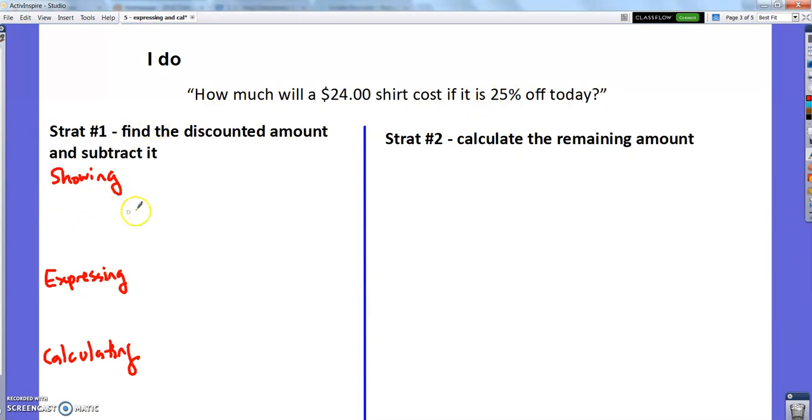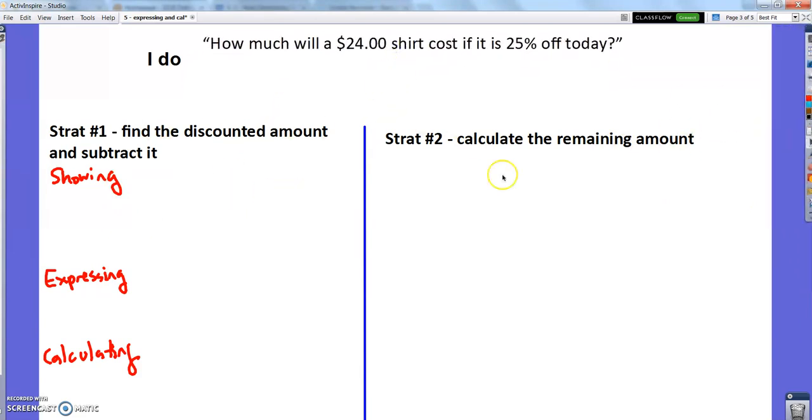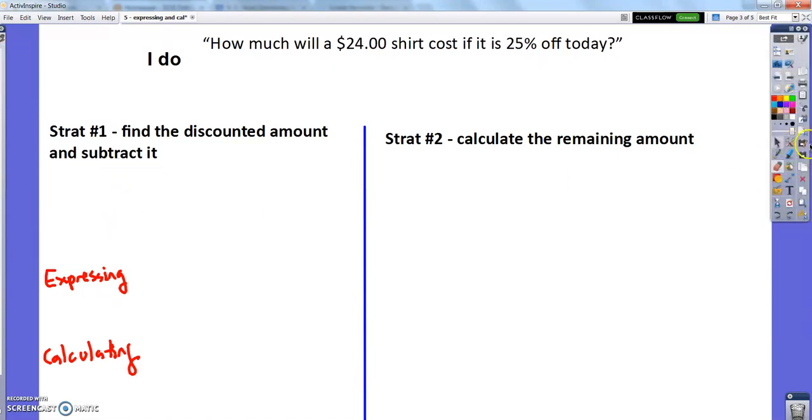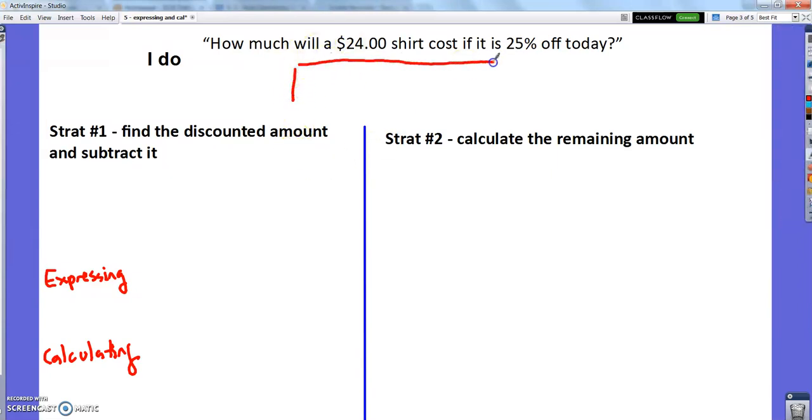So the first thing to do to show this situation, I'm going to do up here actually, because showing it's kind of the same for both problems. I'm going to start with a tape diagram, which it's been a long time since we've done. So imagine this is the price of the shirt, and I know that price is $24 because that's in the problem.